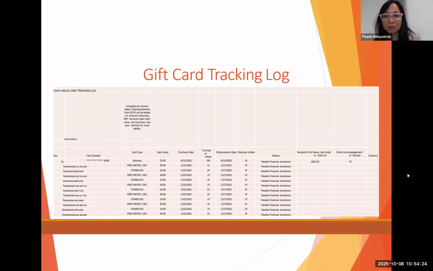Was this incentive or stipend or whatever you are issuing reasonable for what you are issuing it for? Okay, so like a $50 one, if it's within reason, then that would be okay. Yes, if you have questions or concerns about that, definitely reach out to your program and project manager, explain what you're doing, and they can support you.